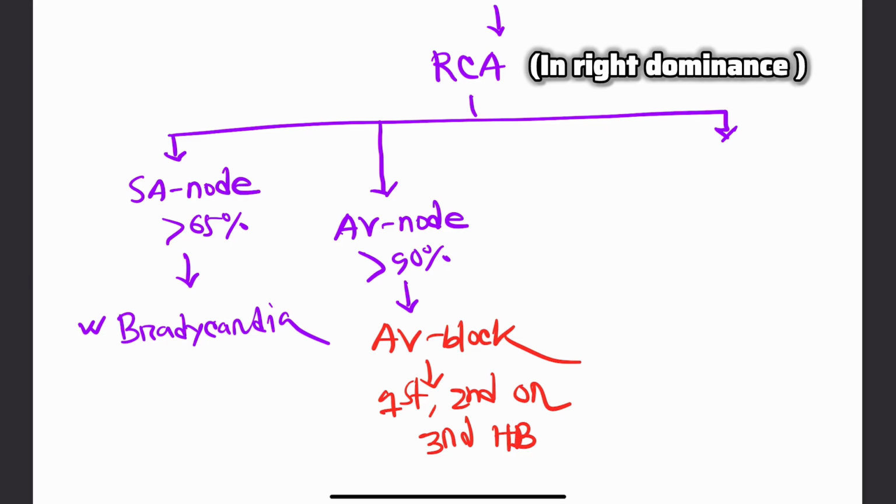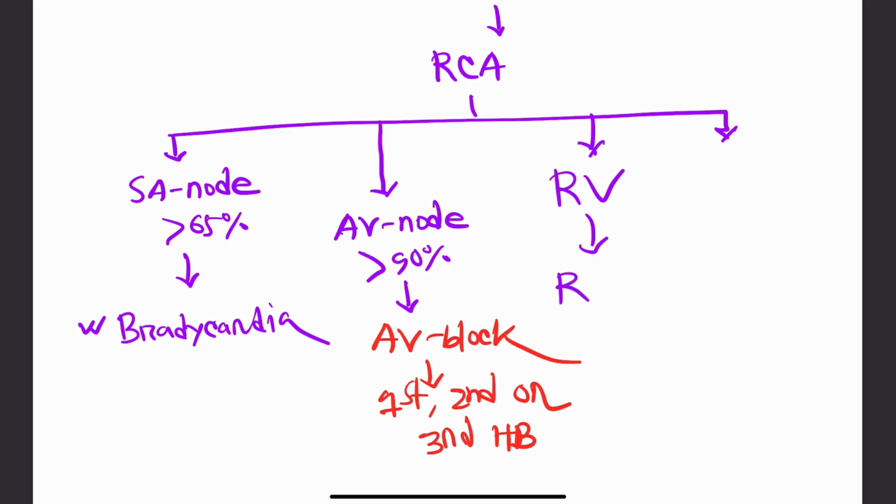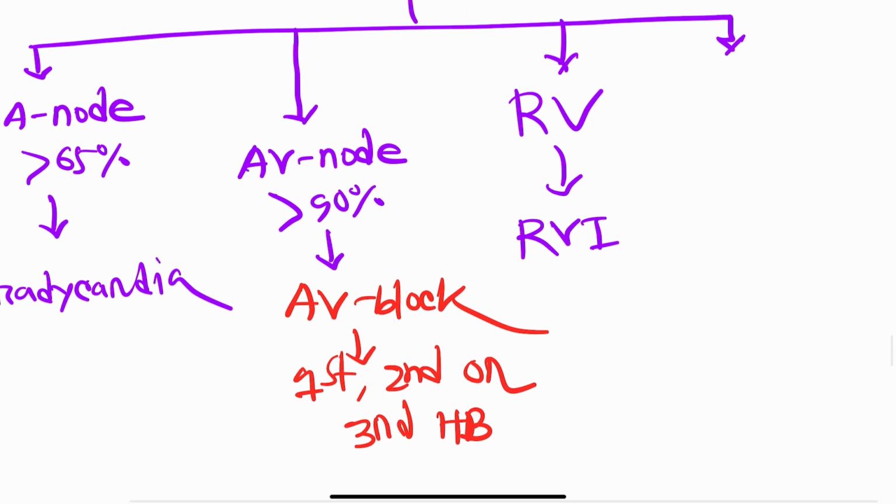Then the right coronary artery also supplies the right ventricle. So if the right coronary artery is blocked, the right ventricle may also get infarcted. So there may be right ventricular infarction, and the patient will have profound hypotension.